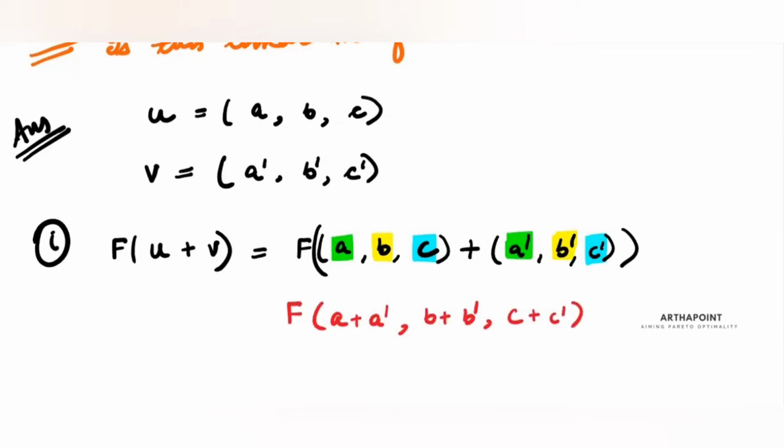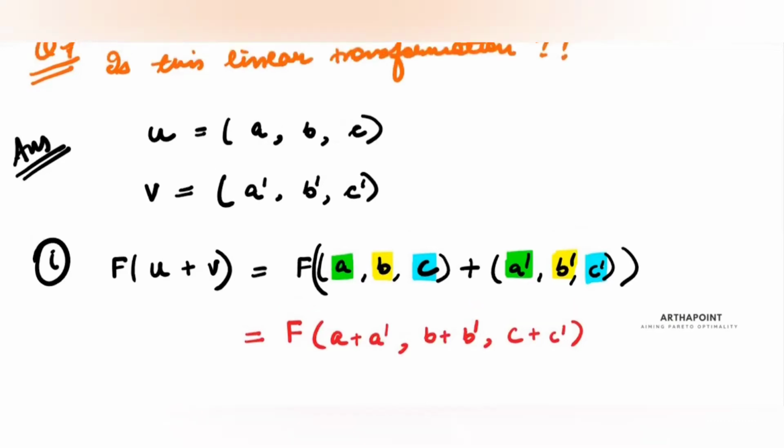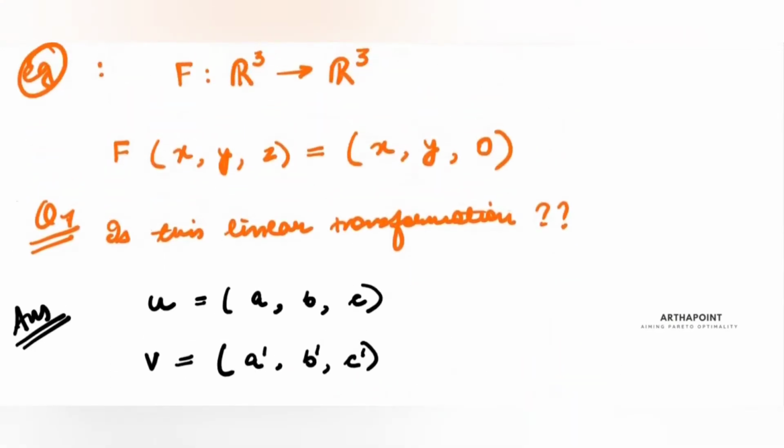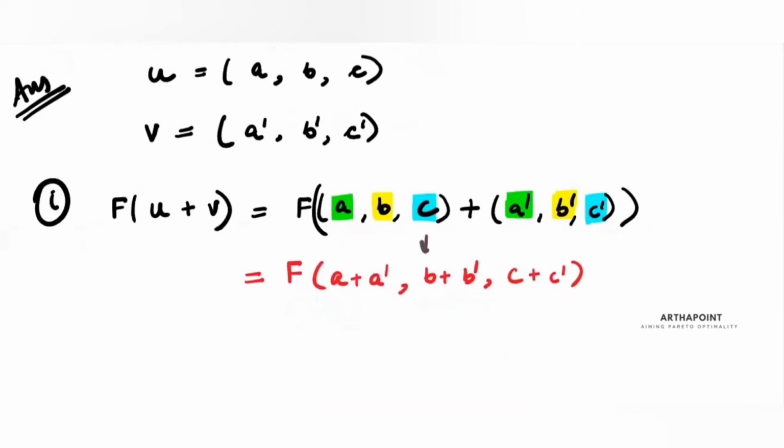And I am applying a function on top of it. What is the role of the function? What is the function really doing? Whenever anything goes inside the function, the output of the function is x as it is, y as it is, and 0. So when this goes inside the function, the output will be a plus a dash as it is in the first element, the second element as it is, and the third element becomes 0.